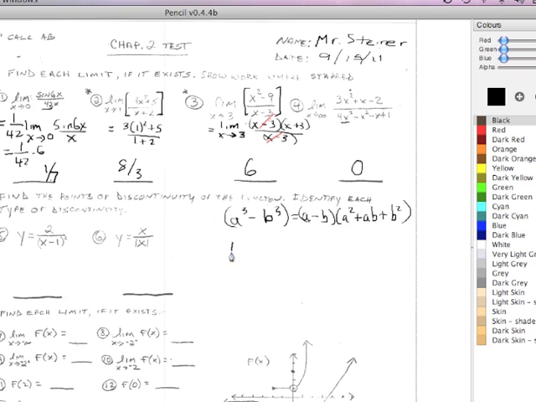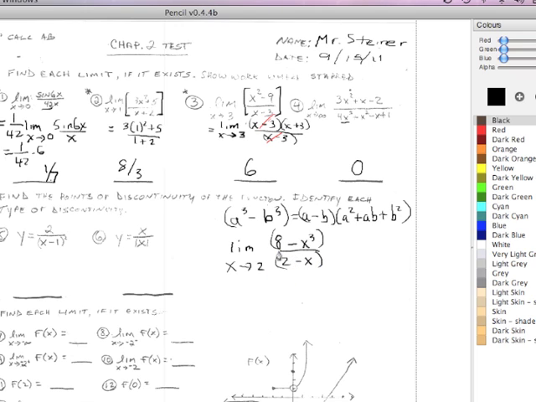So let's say we have the limit as x goes to 2 of 8 minus x cubed over 2 minus x.